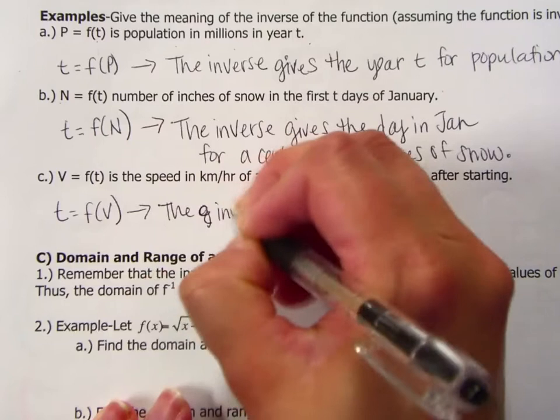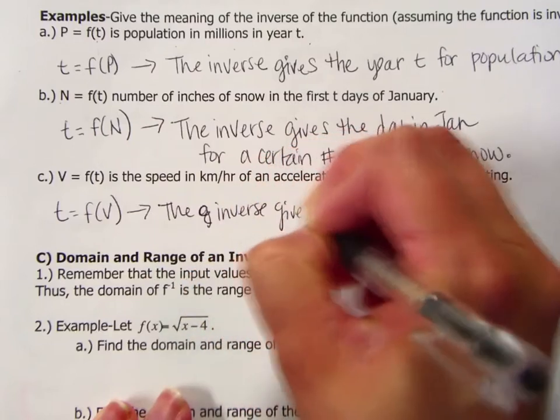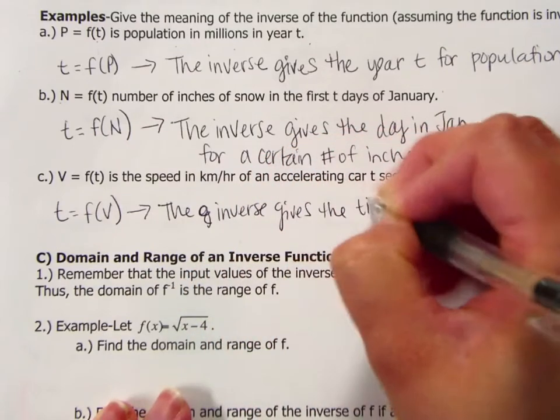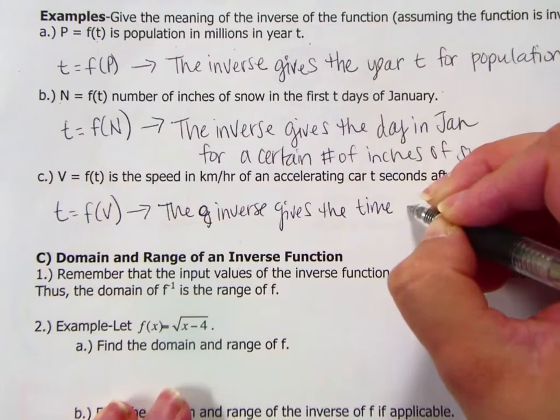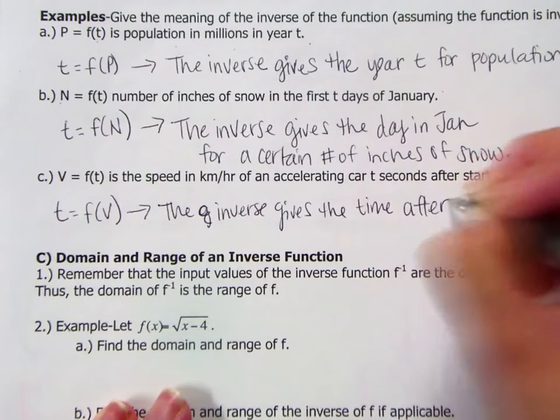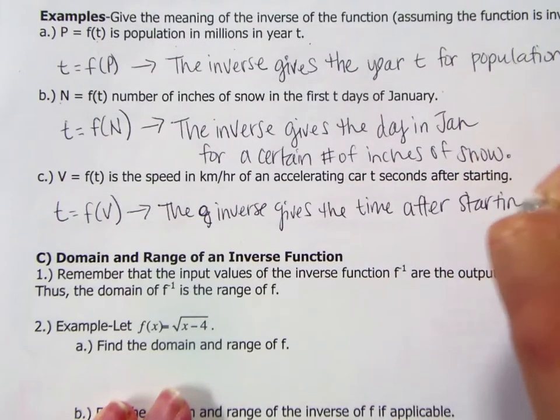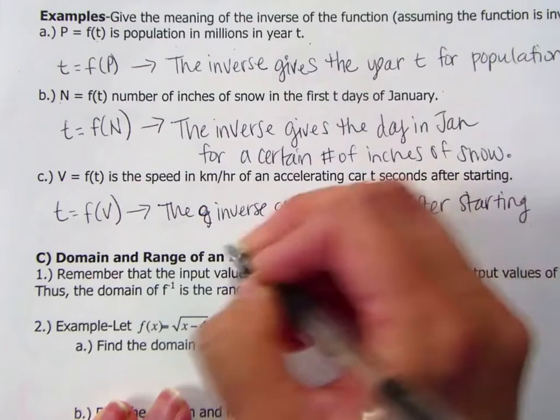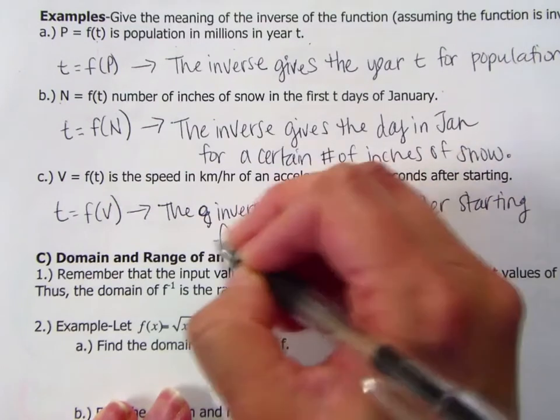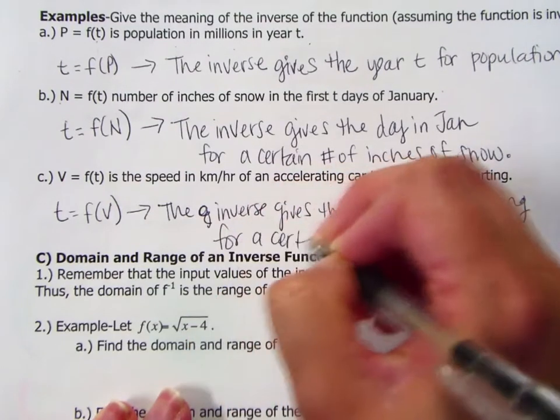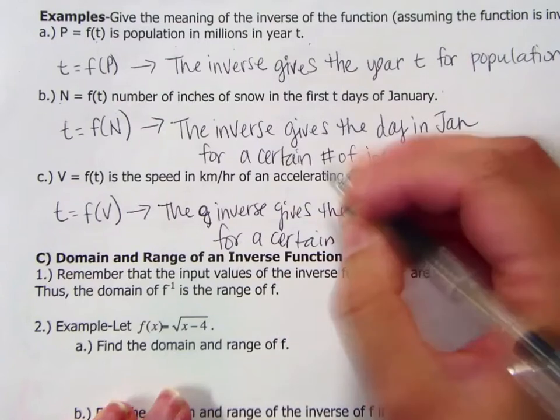The inverse gives the time after, okay, yeah, after starting, finish your statement again. To a certain speed. For, yeah, okay, good. For a certain speed or velocity. Good.